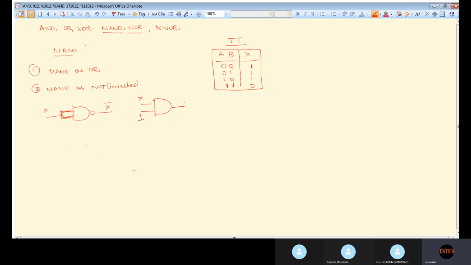So is it acting as an inverter or not? Tell me.